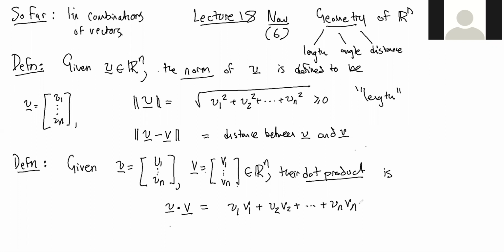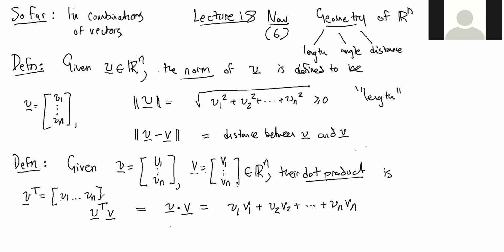And another way to write this, in more matrix type notation, is the product of U transpose and V. So remember, vectors in Rn are defined as column vectors. U transpose is actually something we haven't really seen much of before. It's a row vector. If you view this as a matrix, U transpose is the 1 by n matrix, entries U1 through Un.